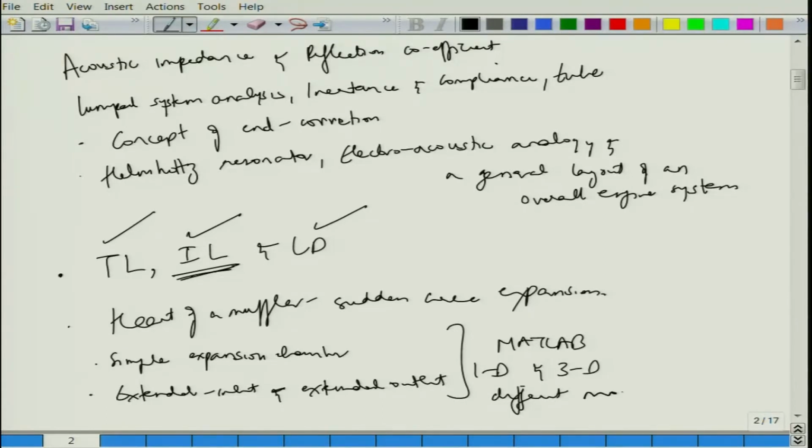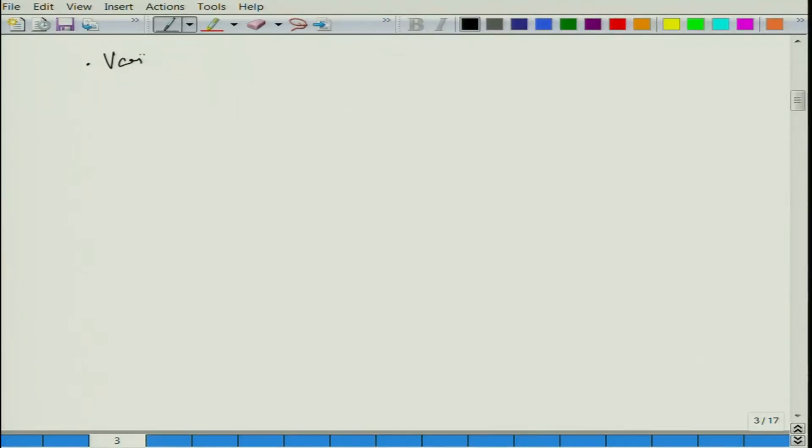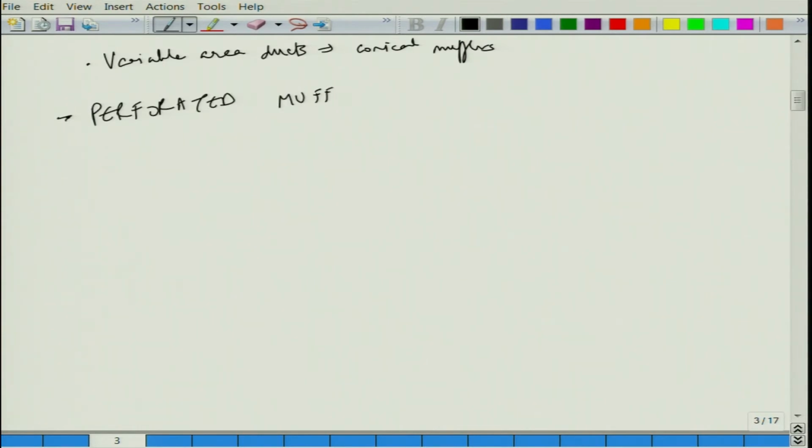Different models were covered, and we did a lot of MATLAB analysis, and then variable area ducts, conical mufflers, and then we spent a lot of time on perforated muffler systems.